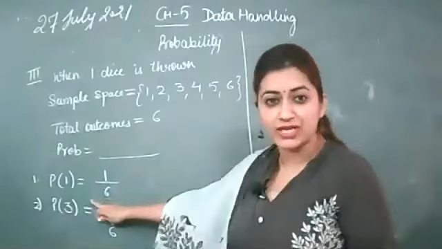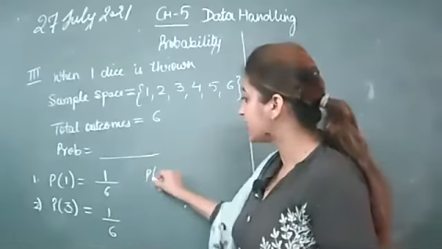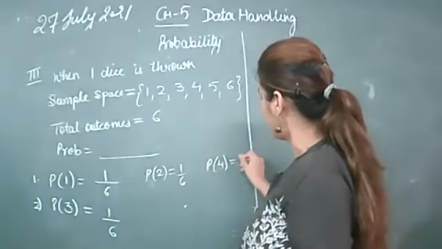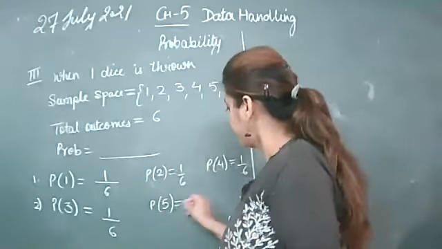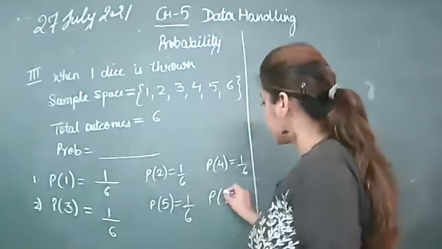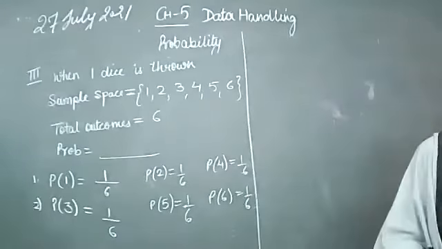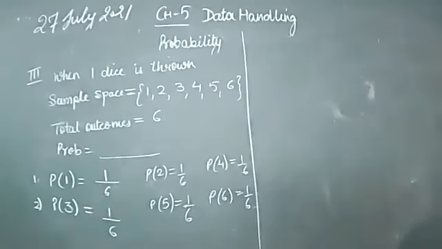If probability of 1 is 1 by 6, probability of 3 is 1 by 6, same is the case for 2, same is the case for 4, for 5, and same is the case for 6. Each number is occurring one time, so the probability of each event is 1 by 6.